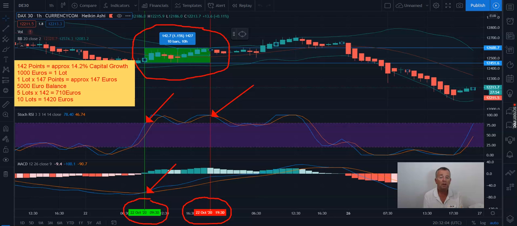And likewise, when money is taken out of the market, it will fall. So all we're trying to do is predict, is the market going to rise or is it going to fall?